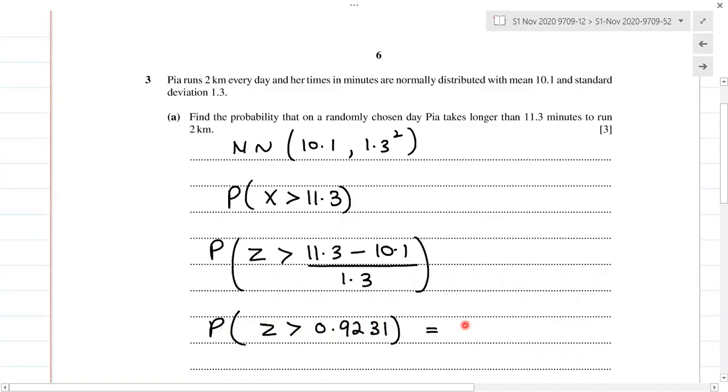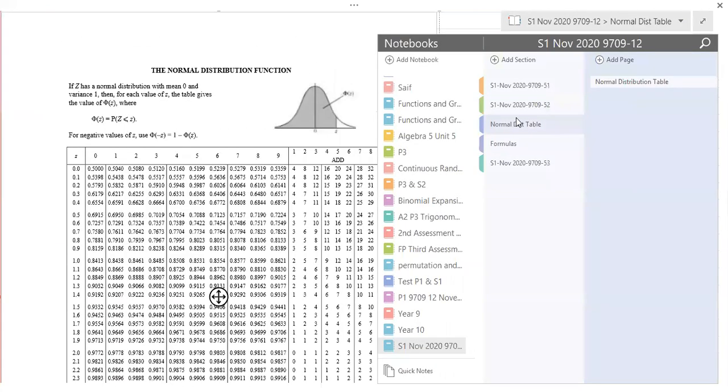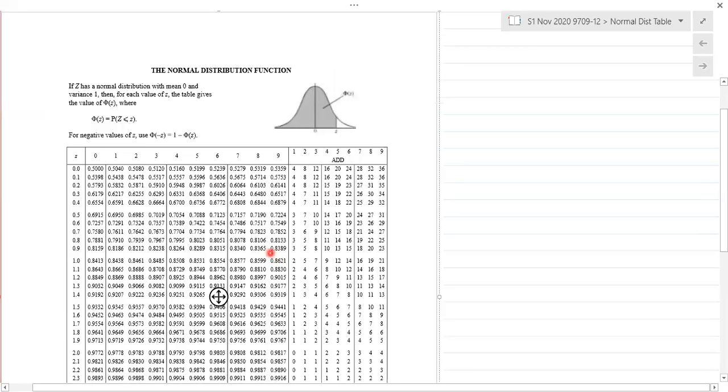So this is z being greater than this value. If z is greater than this value, we do 1 minus phi of 0.9231. And remember, this is the z value, which we have to look up in the table. So with the normal distribution table over here, we go for this value 0.9 in this column, and then 2, which is right over here, 0.92.